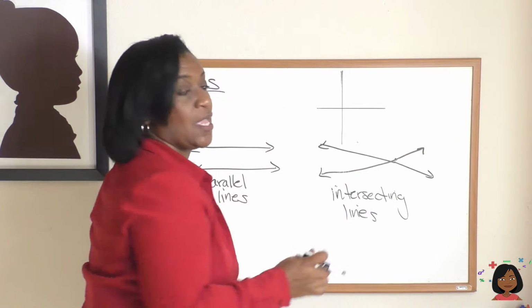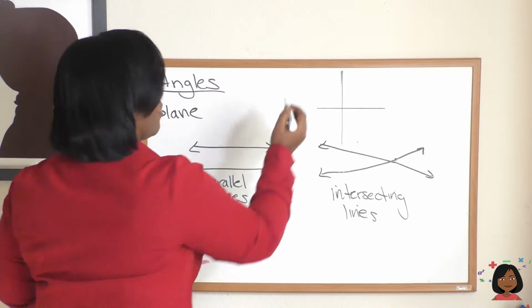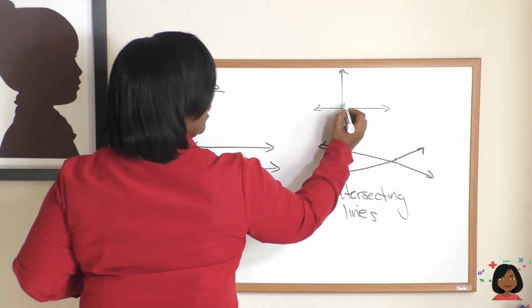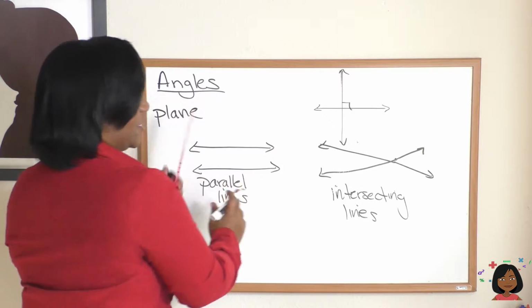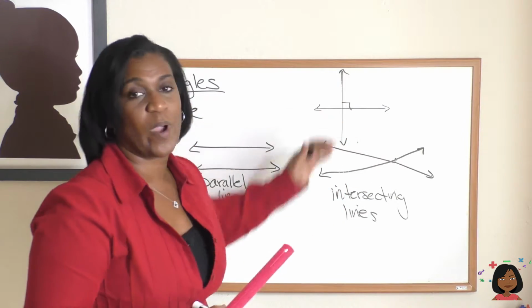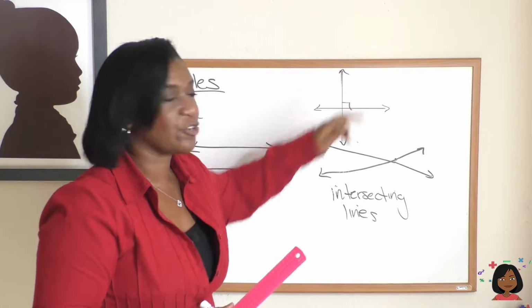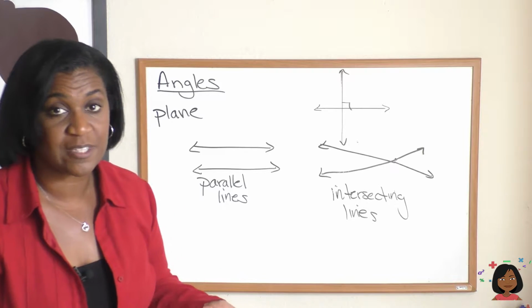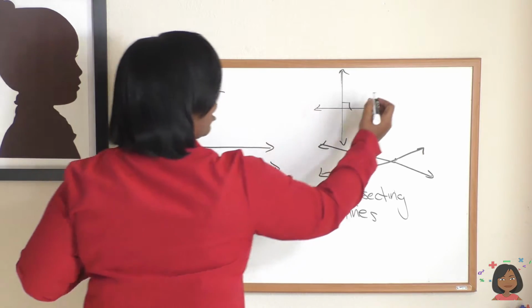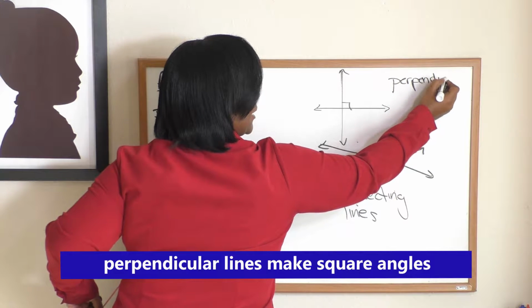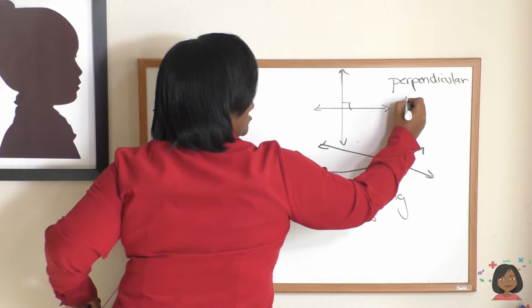Perfect. Okay, let's say when they crossed each other, they made perfect angles, a perfect square. They crossed exactly such that a square was created. There's a special name for these kinds of lines. They are called perpendicular. Perpendicular lines.